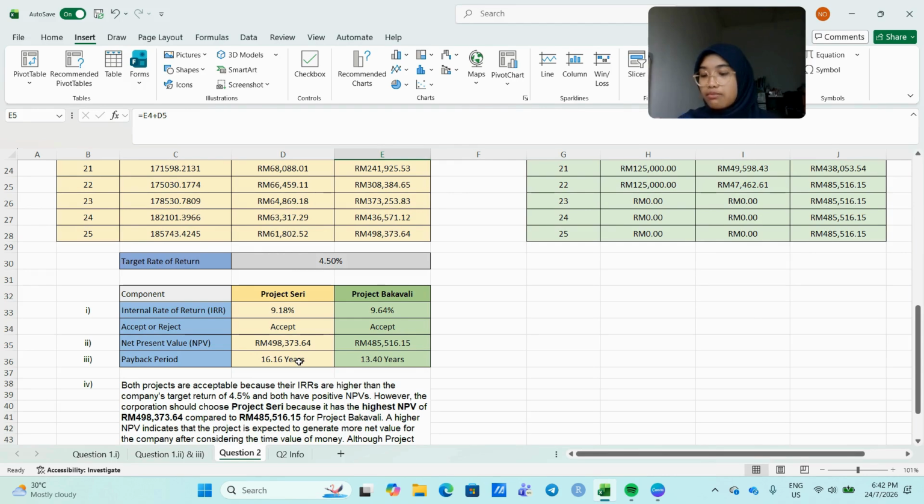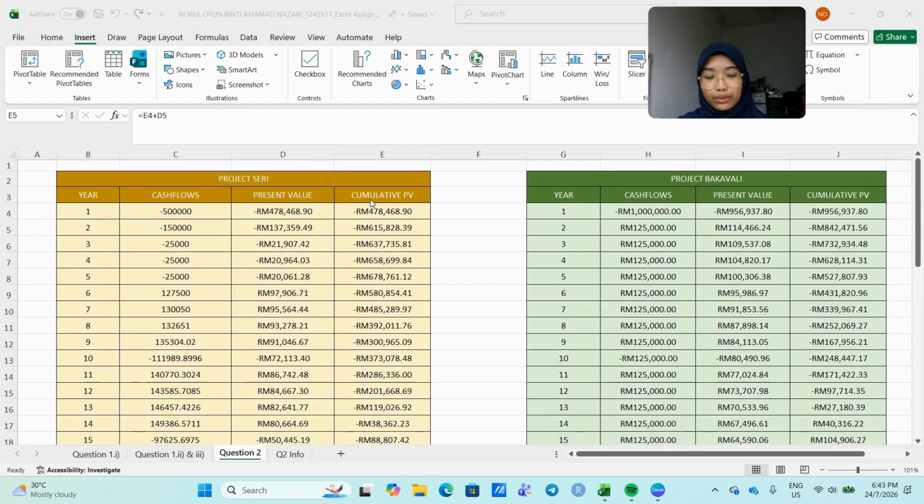So the payback period measures the total amount of time required for an investment to generate enough cumulative discounted cash flows to recover its initial outlay. In short, it tells us how fast the company gets its money back. The cumulative present value is used to determine discounted payback period.